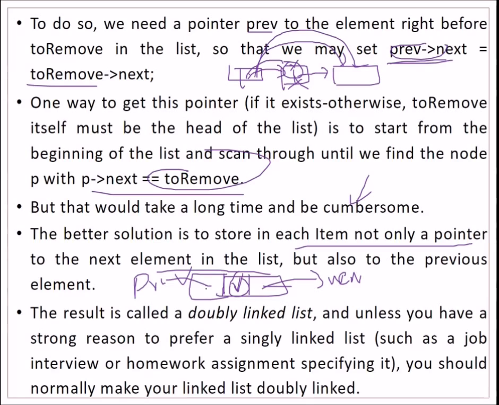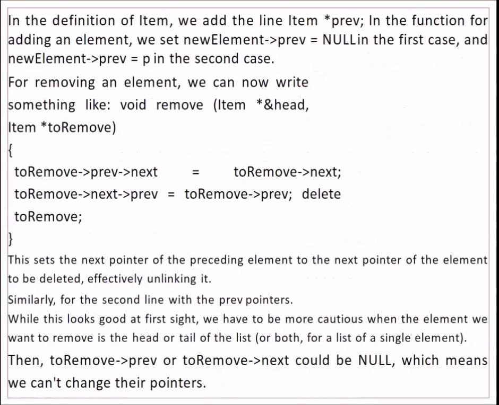In this way we will have a solution to keep track of the previous value and the next value also. This idea is known as a doubly linked list. Unless you have a strong reason to prefer a singly linked list, try making a doubly linked list only.